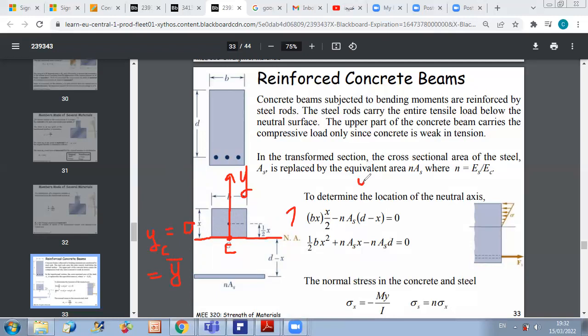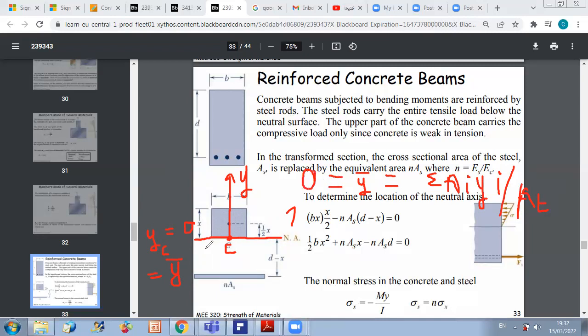You know that y bar is equal to summation of ai yi over a total. So since we are considering the y coordinate system, if you want the origin on the neutral axis, then we know that y bar should be equal to 0.